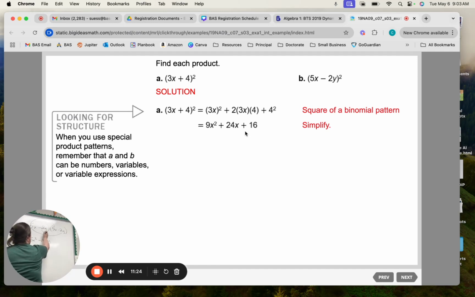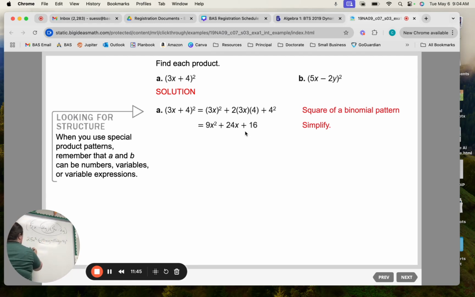Then we do negative 2y times 5x, which is negative 10xy again, and then negative 2y times negative 2y is positive 4y squared, because there's two y's and you're multiplying. All right, simplify the middle.